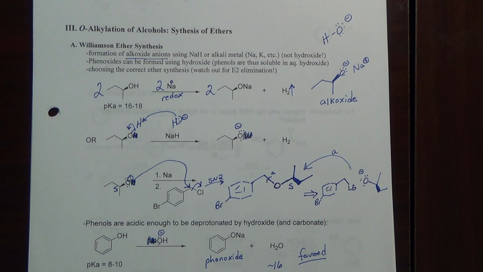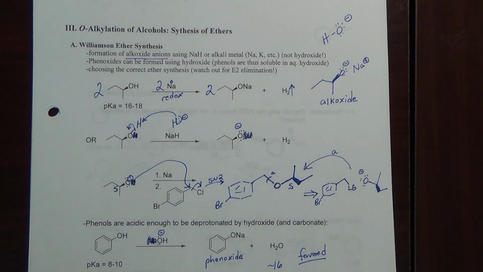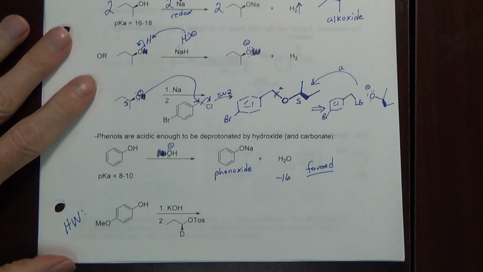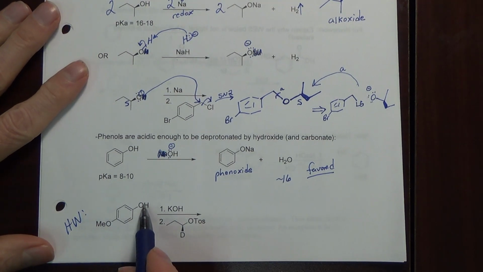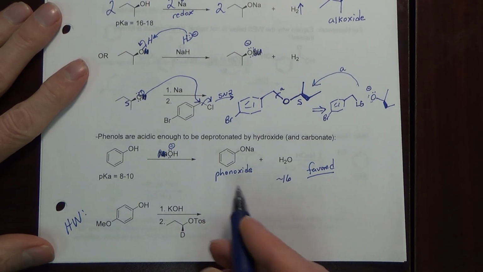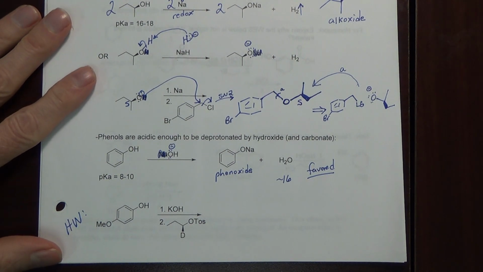Hi guys, in this video we'll pick up here with the Williamson ether synthesis. And I will do this one at the bottom. We have this phenol with the acidic OH, acidic enough to be deprotonated by hydroxide.